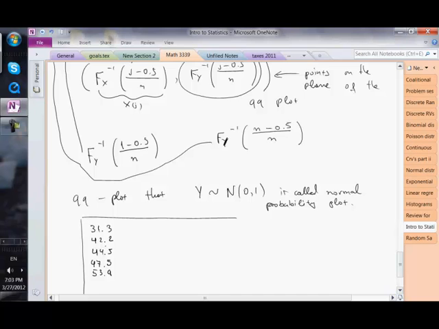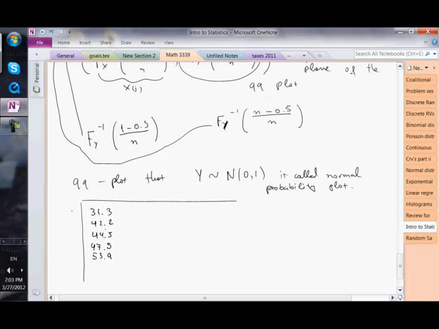Suppose that I had a sample with only 5 data points. So these are sample values of X. Only 5. And I want to make the normal plot for these observations.